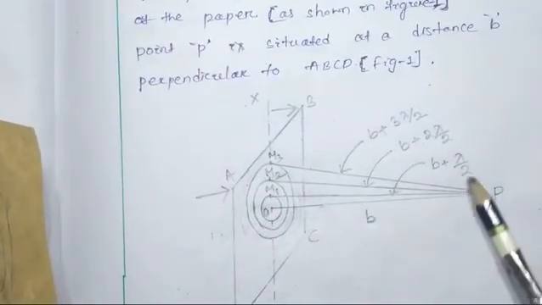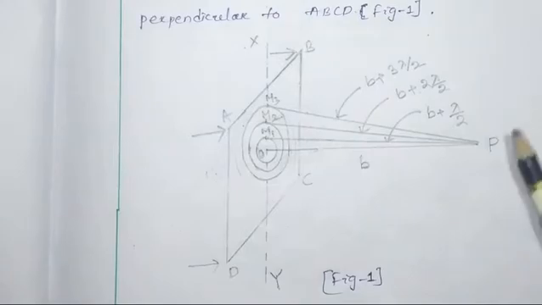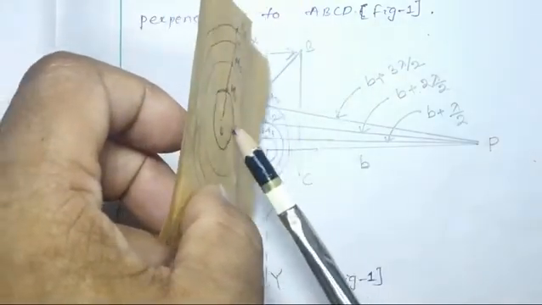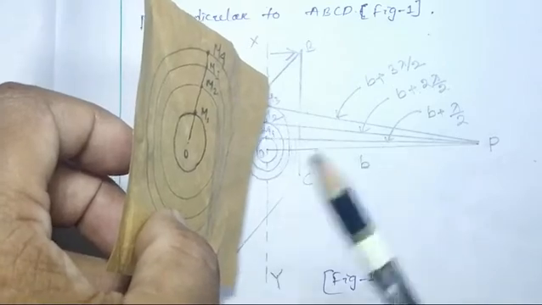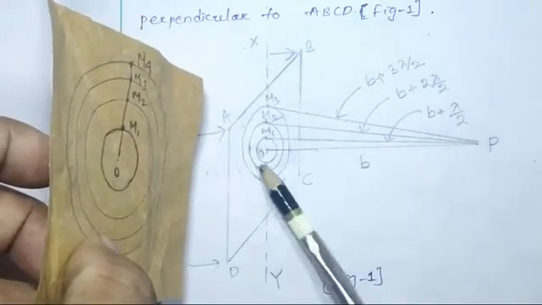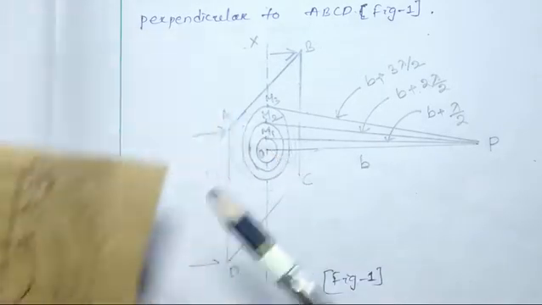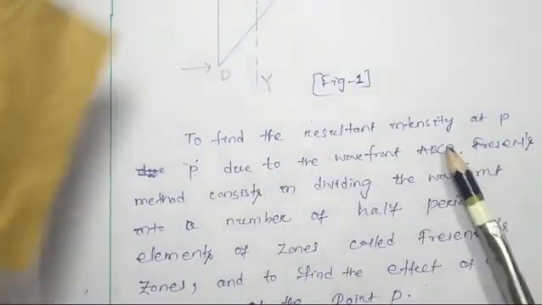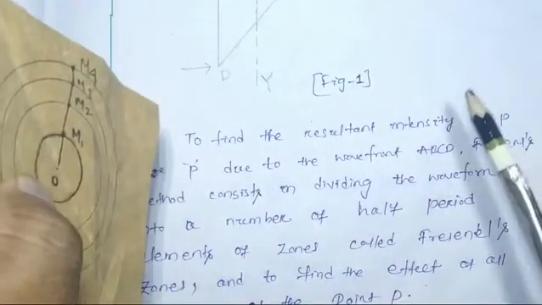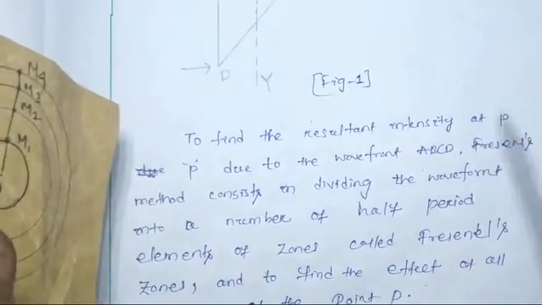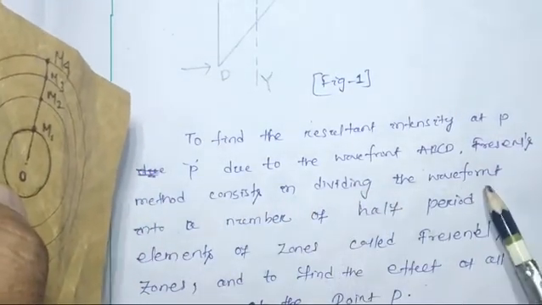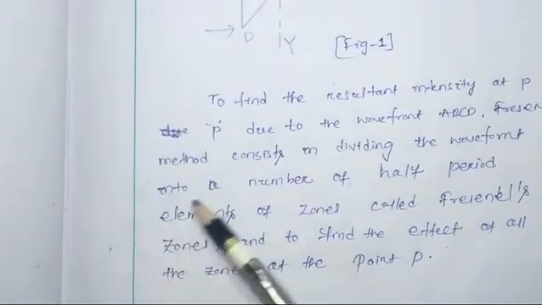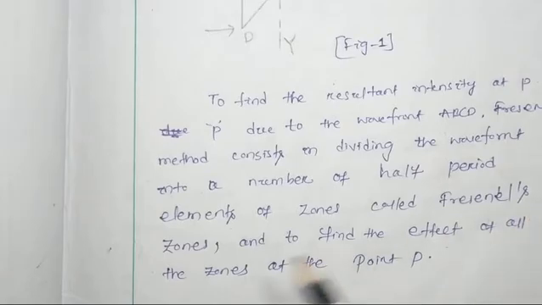That means here point P, where we are going to observe the diffraction pattern, is situated at the distance B from this wavefront, and OP is the length B. Now what Fresnel did to find the resultant intensity at point P due to wavefront ABCD: Fresnel's method consists in dividing the wavefront into a number of half period elements or zones called Fresnel's zones, or also Fresnel's half period zones, and finding the effect of all zones at the point.